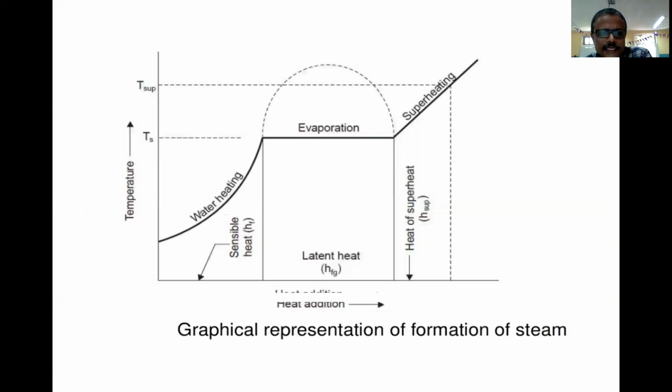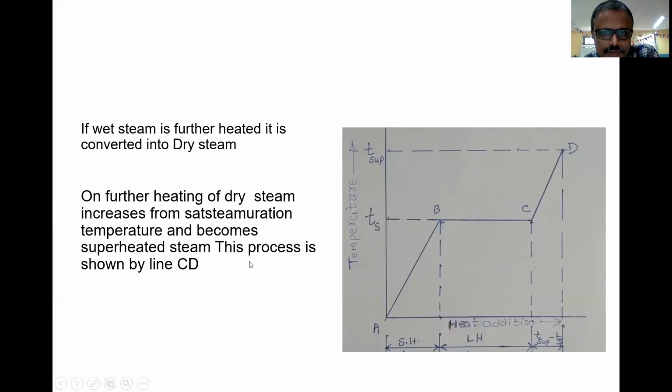Now we will see the same temperature versus enthalpy diagram. Temperature is on the x-axis, enthalpy is heat addition at constant pressure. The same graph we can see at different pressures. In the previous diagram, we have seen the TH diagram at constant pressure.